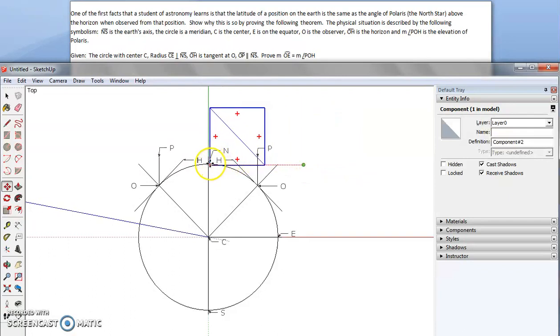If I put this here, if I was O here, looking at Polaris here, with the North Pole here, makes that, there's my 45.